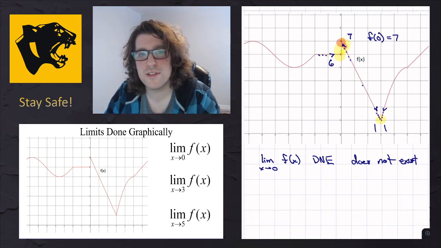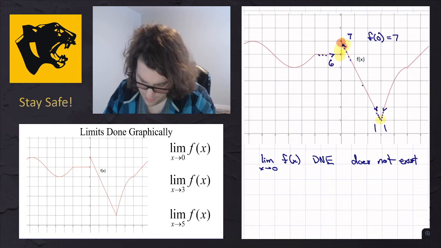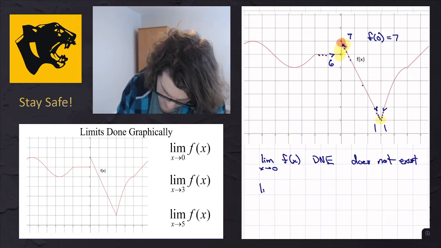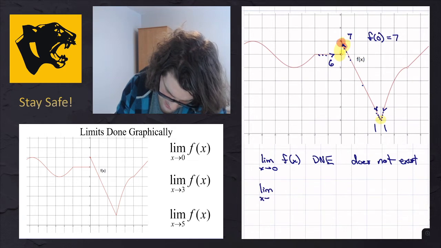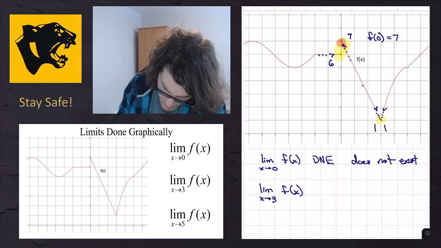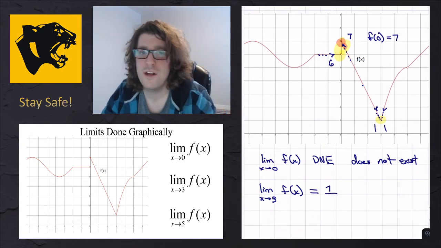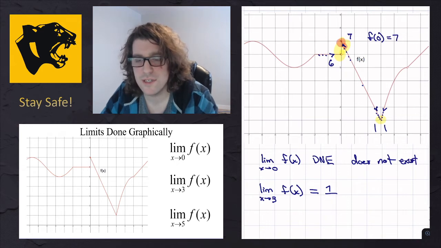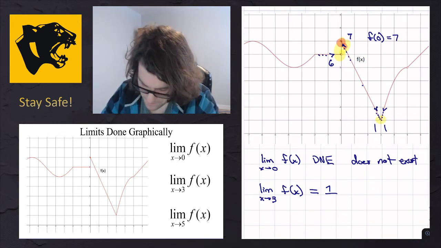Since we are approaching the same y value, whether we're coming in from the left or the right, as we approach an x value of 3, the limit as x approaches 3 of f of x actually is a value of 1. So that limit does exist, and it does give you a value of 1.